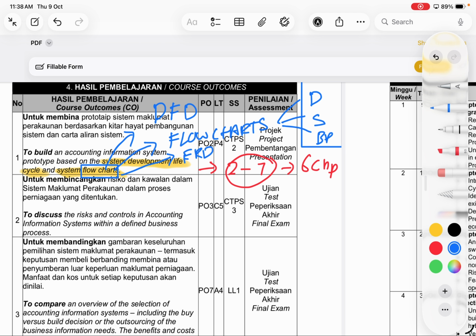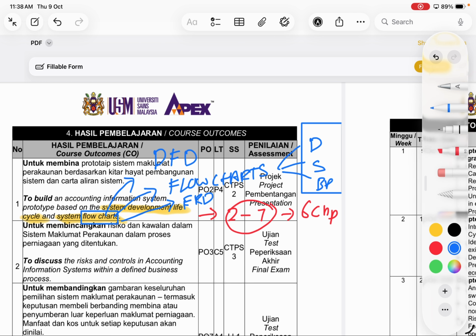On top of all this, now, the most, should I say, latest one, we call it the swim lane diagram.